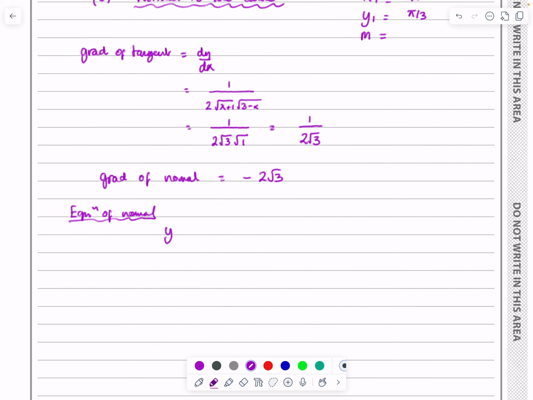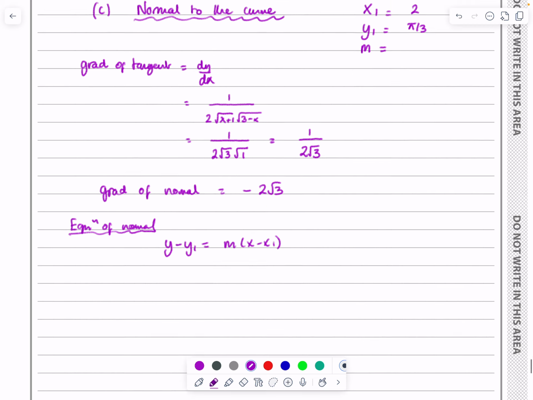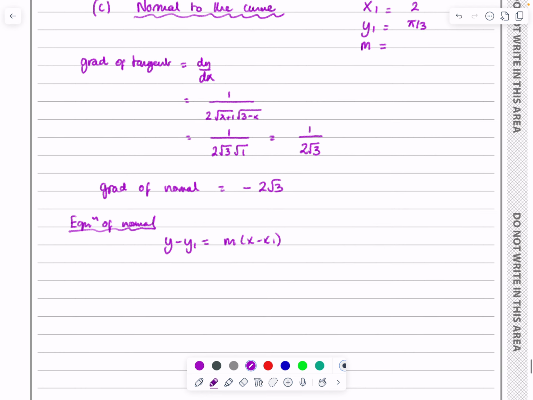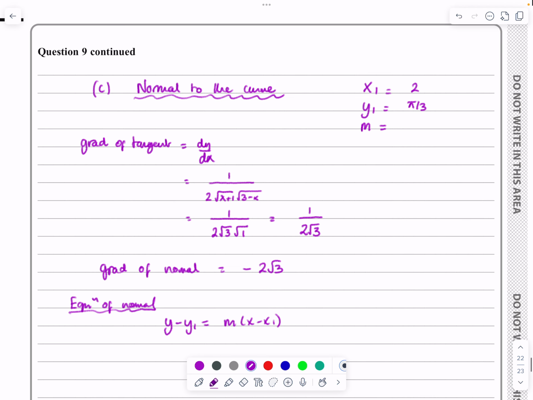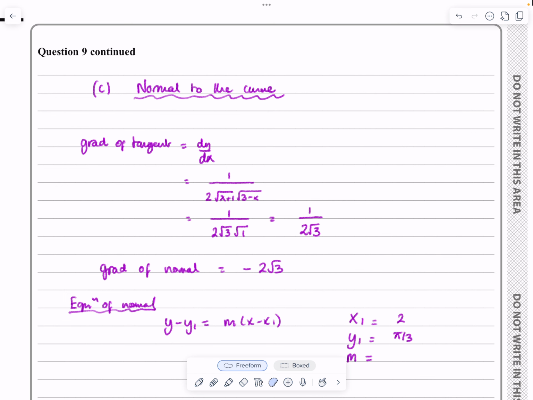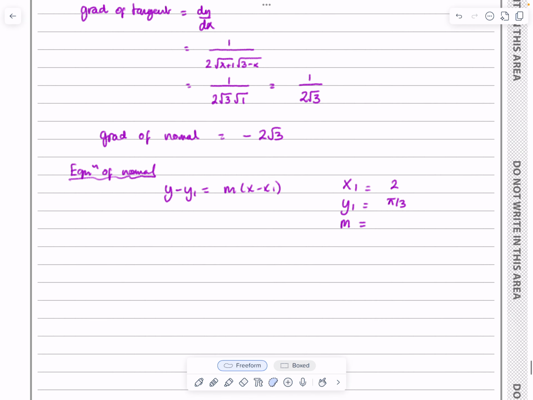So for my equation of a normal, I've got y minus y1 equals m times x minus x1. Now m is -2 root 3, so I'm going to put all that information in. y minus pi over 3 is equal to -2 root 3 times x minus 2.